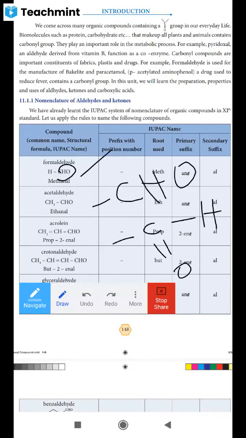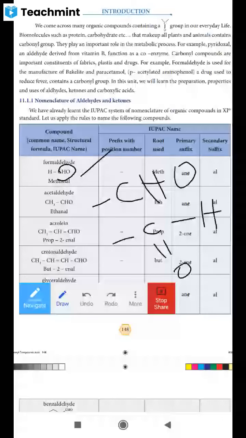C double bond O, H, because carbon valency is 4, so carbon should contain 4 bonds. Oxygen valency is 2, so oxygen should contain 2 bonds; see the double bond there. And hydrogen valency is 1, so you give only 1 bond. Carbon 4 bonds, oxygen 2 bonds, hydrogen 1 bond.